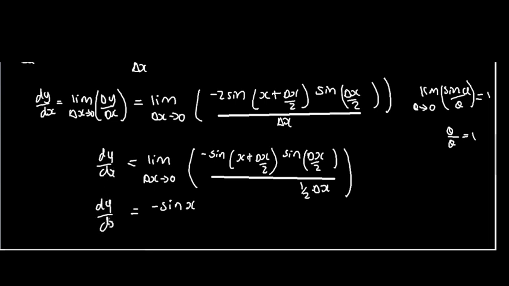So we shall have our dy dx being equal to negative sine x, and this is the derivative function of y equal to cos x. So whenever we differentiate the cosine of x, we get negative sine of x.